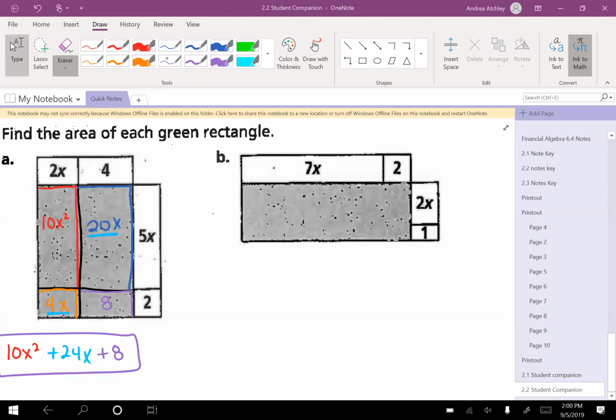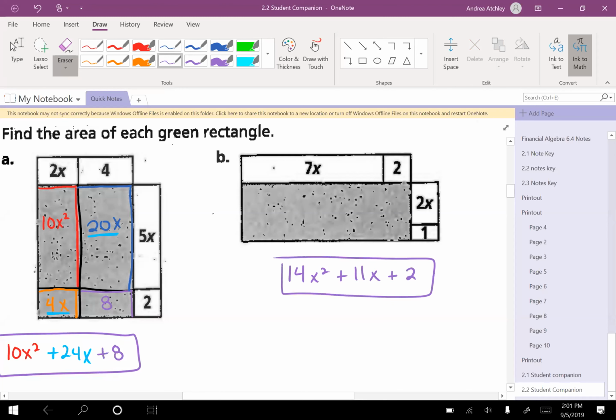Okay, so our answer on this should have been 14x squared plus 11x plus 2. And most of us got that. Let's review.